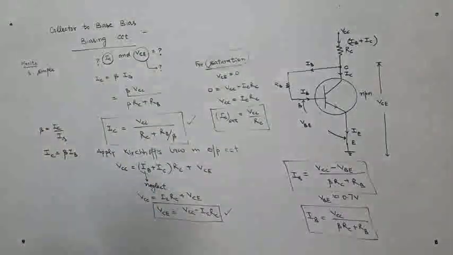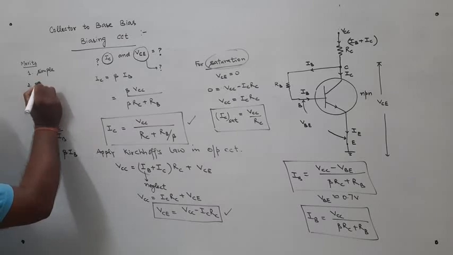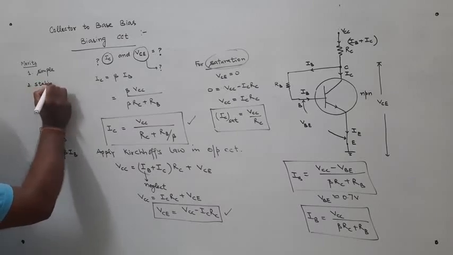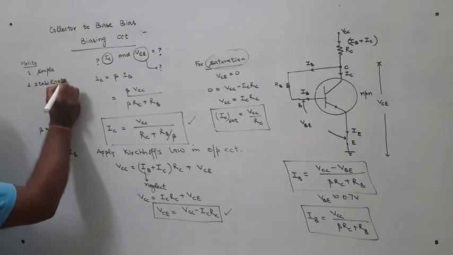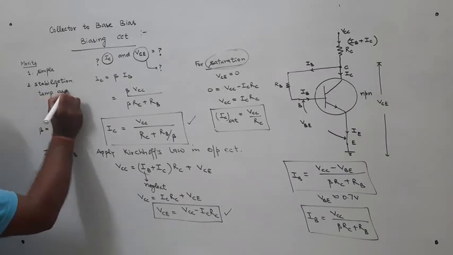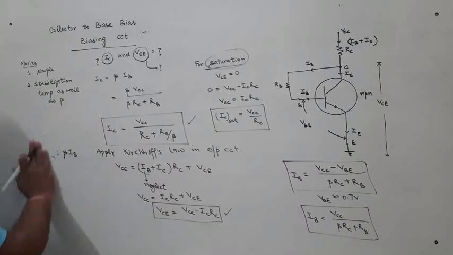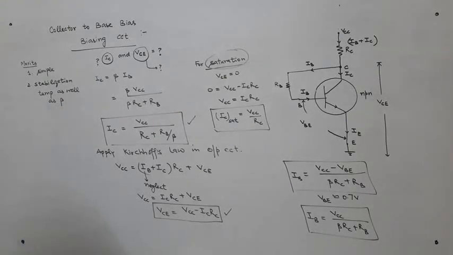Number 2, it gives us stabilization relative to temperature as well as beta. Both kinds of stabilization are there.